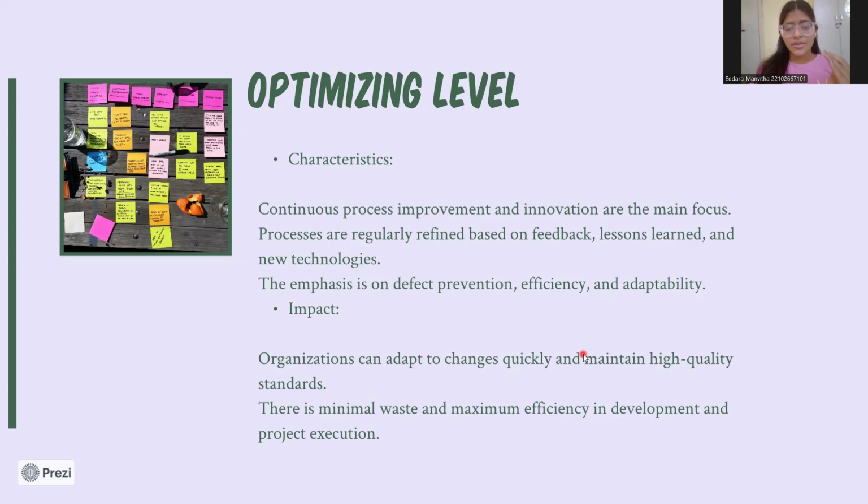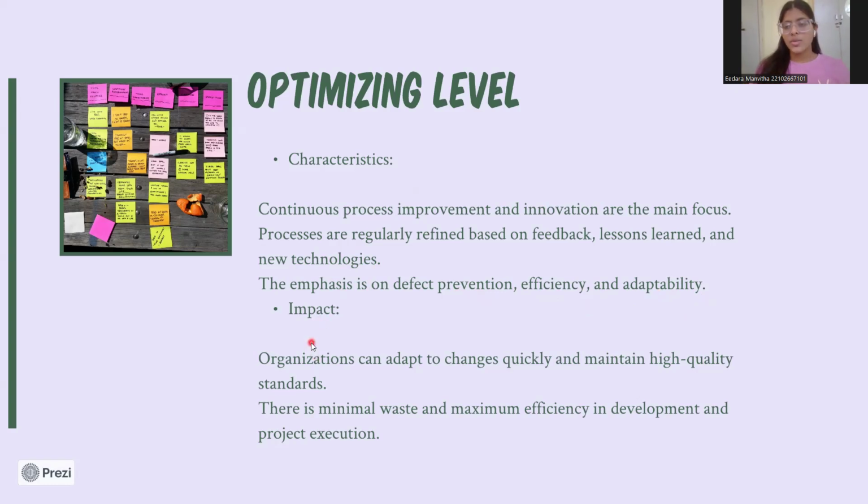Processes are regularly refined based on feedback, lessons learned, and new technologies. It emphasizes defect prevention, efficiency, and adaptability. In this level, risk management is very low compared to the others.